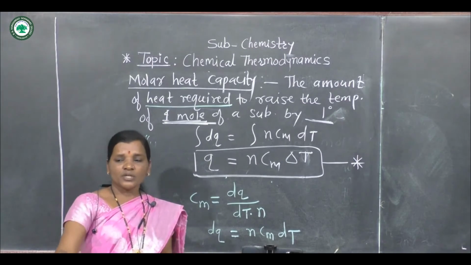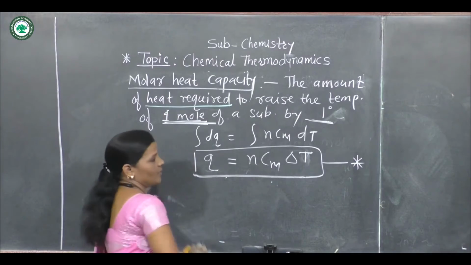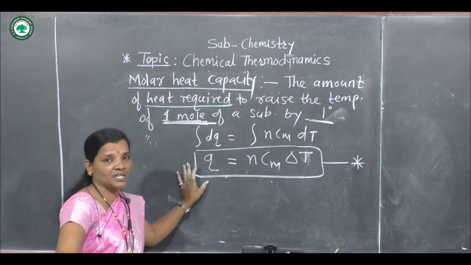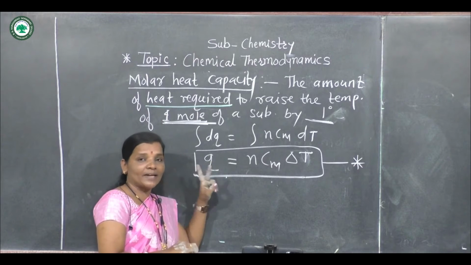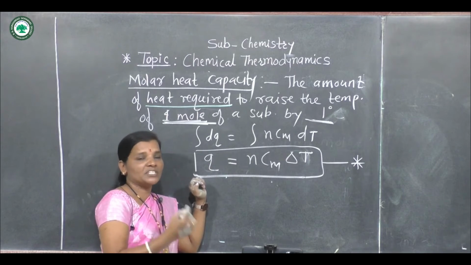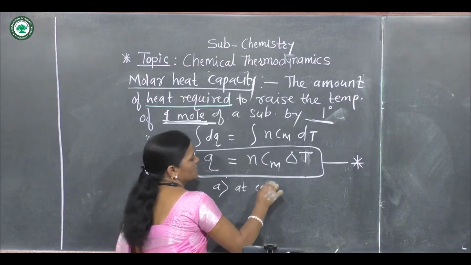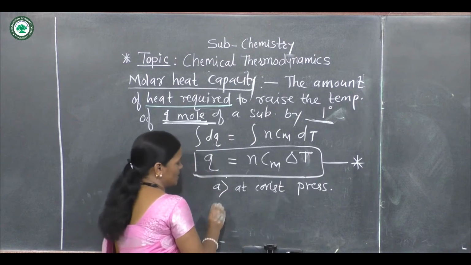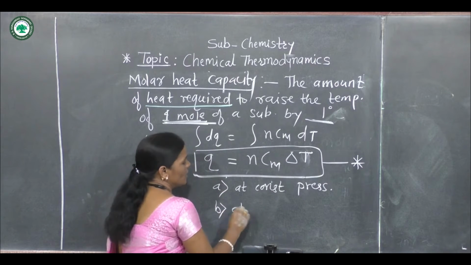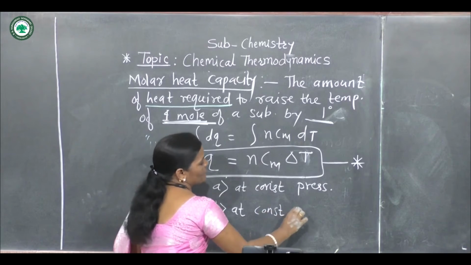Now if we consider this molar heat capacity, there are two conditions we have to follow. We have to find out molar heat capacity at constant pressure, and we have to find out molar heat capacity at constant volume.